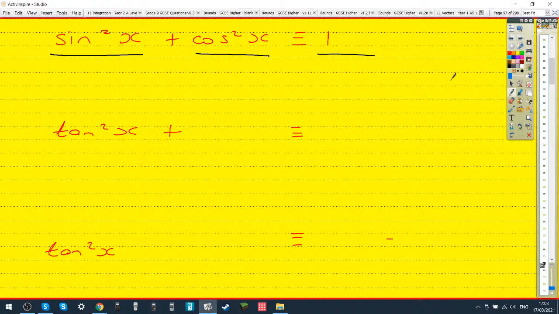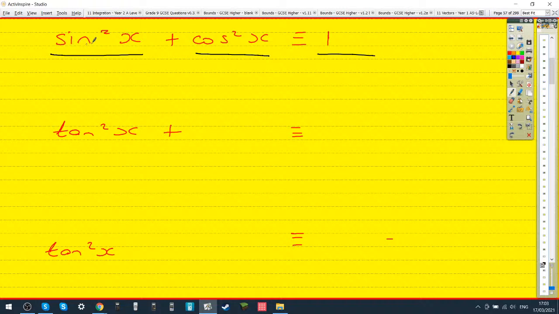You have to go from sine squared x to tan squared x. So, integrate... No, tan squared x.